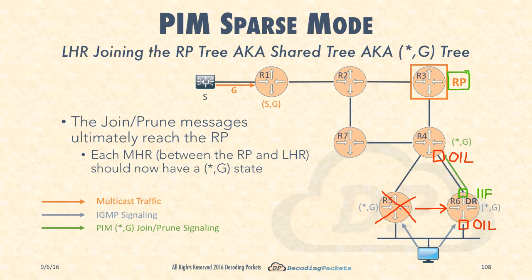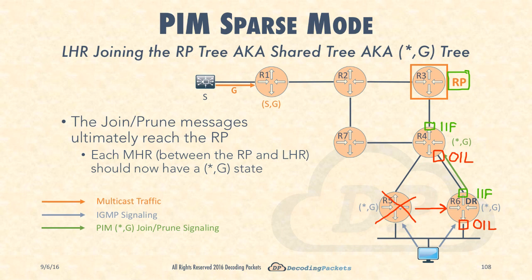Once all of that is done, it'll then identify the RPF interface for the RP's IP, and whatever that interface happens to be becomes the IIF for the star, G state.